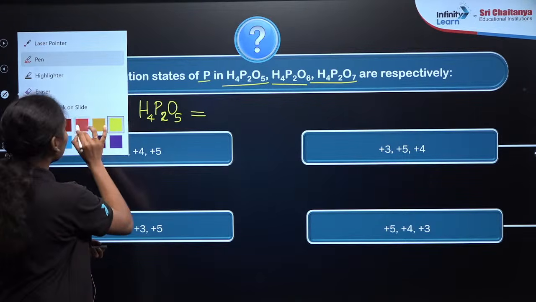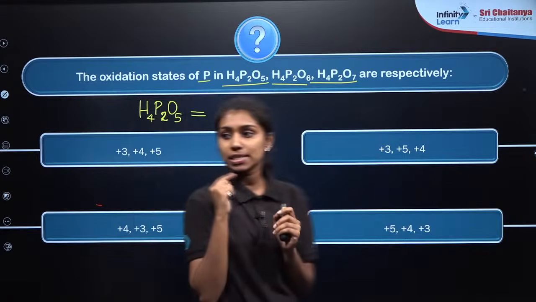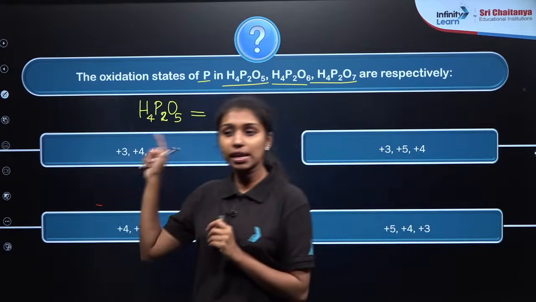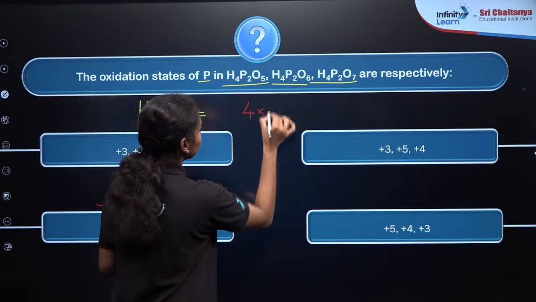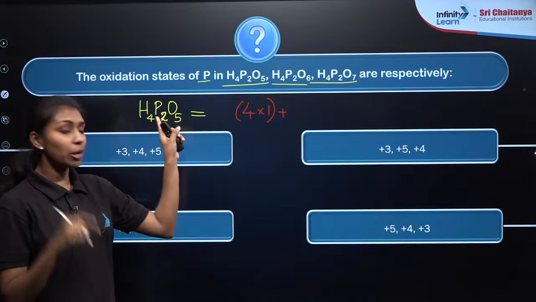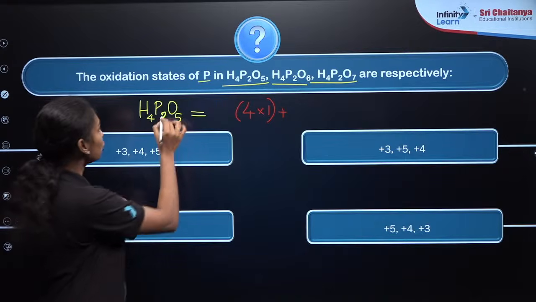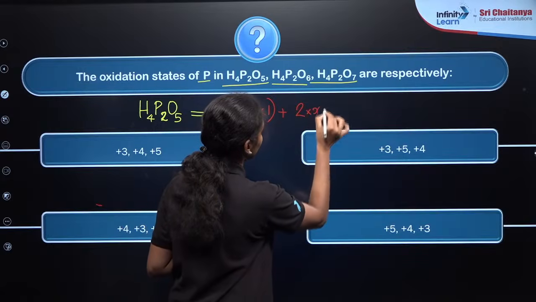Hydrogen has an oxidation state of +1, and 4 hydrogen atoms are present, so it will be 4 into 1. We don't know the oxidation state of phosphorus, so I am taking it as x. 2 phosphorus atoms are present, so it will be 2 into x.